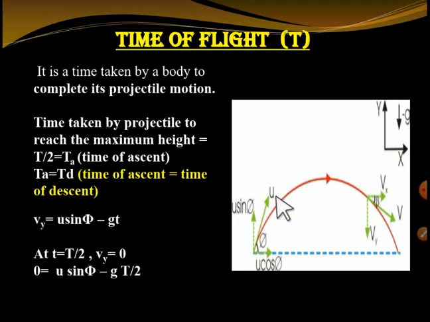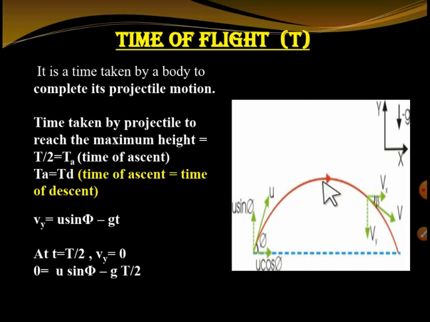Time of flight is denoted by capital T. If we consider the motion from here up to the maximum height, we need to take half of the time from here to here. If it takes total time capital T, that means time of flight, to go from start to end, then to reach its maximum height it will take half of it, right?